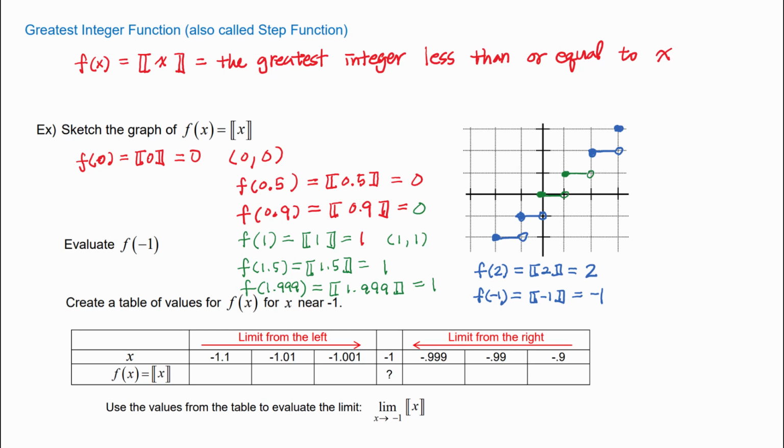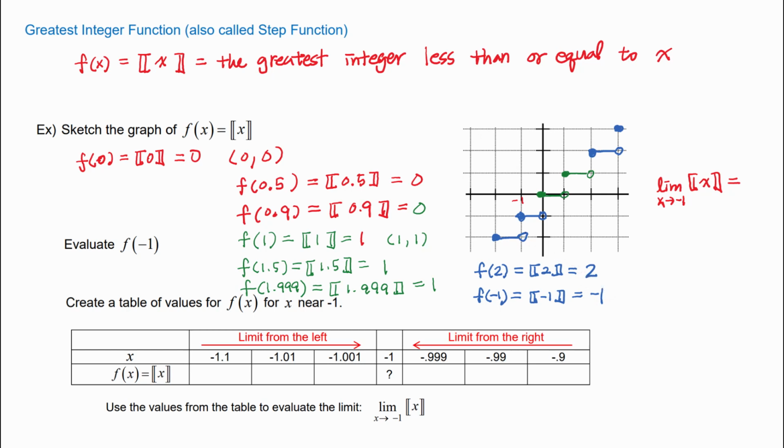All right. So graphically, what is the limit as x approaches -1 of the greatest integer function? Let's see. x equals -1 is right here. If you approach -1 from the left, you follow the function from here. f(x) is approaching this value, which is -2.